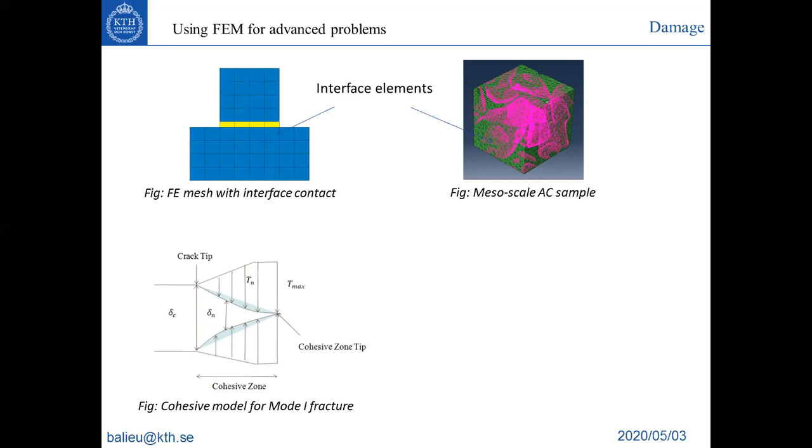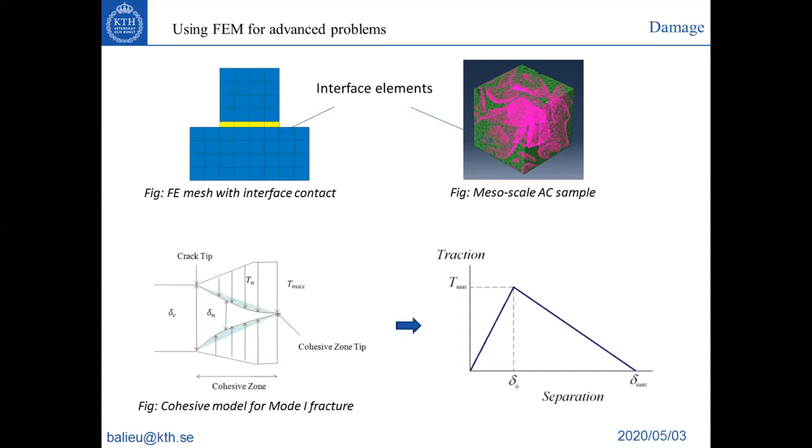So this is the representation of the cohesive zone model for mode 1 fracture. If you remember the first lecture that we had together, mode 1 fracture is the opening mode, so under tension. Basically, it's a criterion which has one stress, which is a limit.